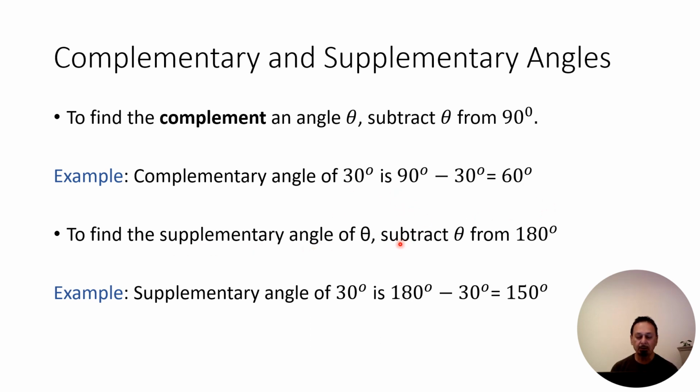Supplementary angle: to find the supplementary angle of theta, you subtract theta from 180 degrees. For example, the supplementary angle of 30 degrees is 180 minus 30 equals 150. You notice 150 plus 30 is 180 degrees.